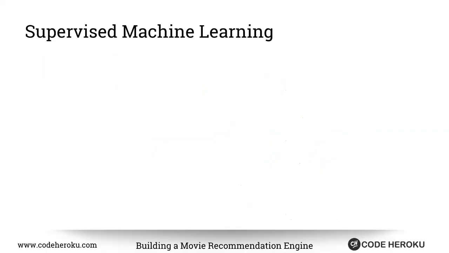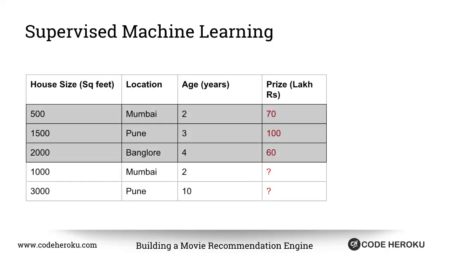And within supervised machine learning, we said that for example, let's say someone gives us this data set. As we said, the first step was to get the data, extract it, and clean it. This is a data set of house locations with how old the house is, the size of the house, and the price in lakhs of rupees, right?